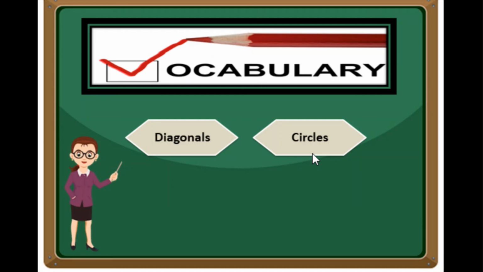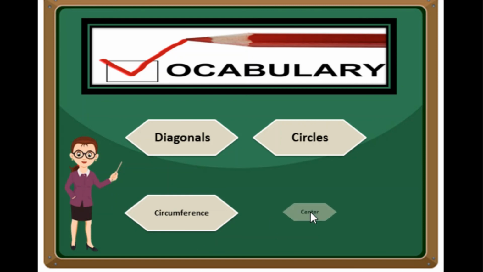Well done. Third word. We have circumference. Circumference. Your turn. Okay, very good. Fourth word. Center. Center. Your turn. Alright, doing good, everyone.